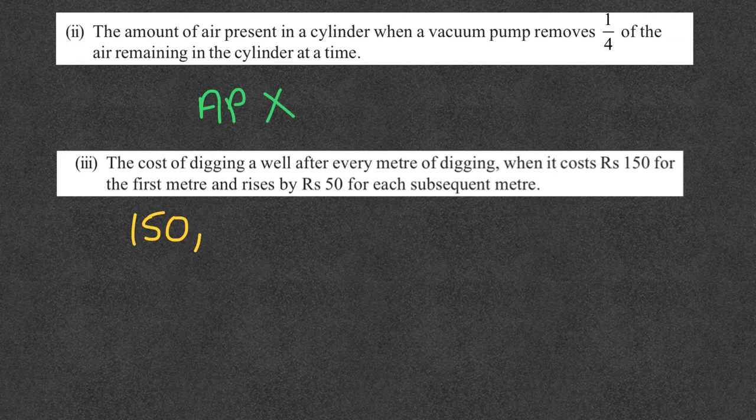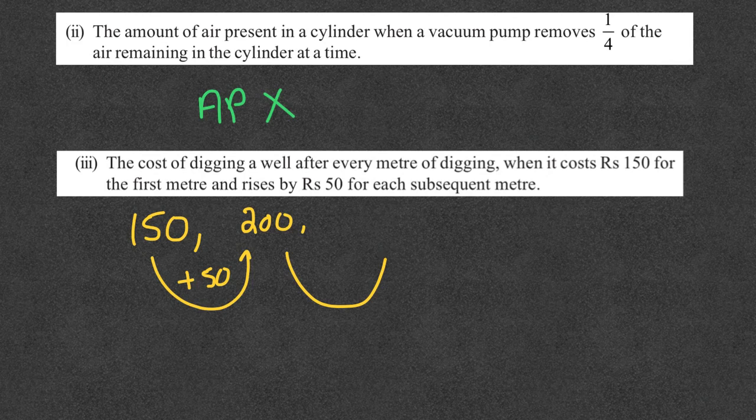And if we dig further, 1 meter further, the cost is going to increase by 50 rupees. So it's going to become 200. If we dig another meter further, the cost is going to increase 50 rupees more from here. So it's going to be 250 and so on. So is this an arithmetic progression? Yes, it is an arithmetic progression.